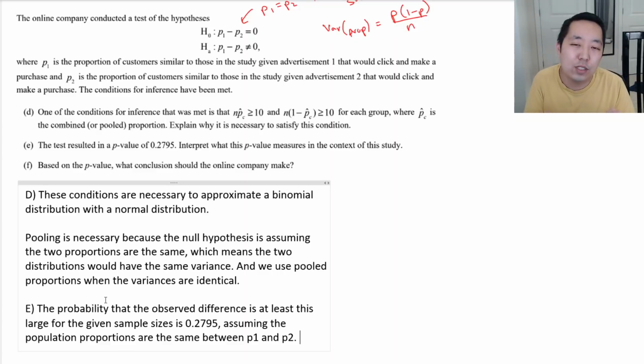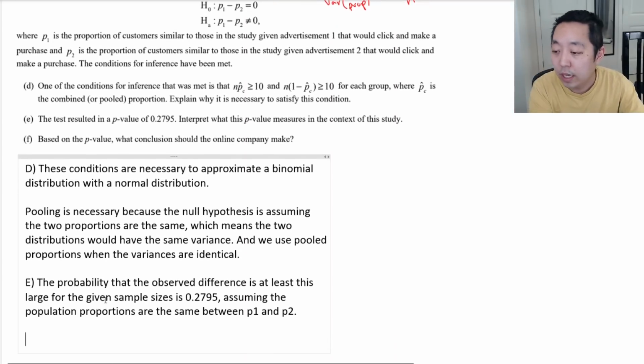So the p-value asks whether that difference is just due to chance, or due to our assumption being false. This is the probability that, assuming the proportions are the same, we observed such a large difference from our samples. That is what the p-value represents.